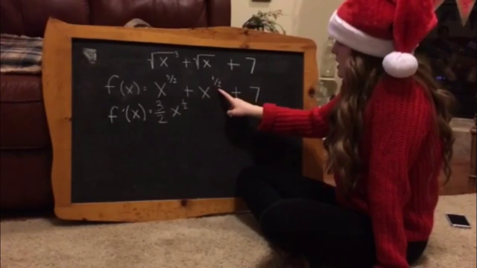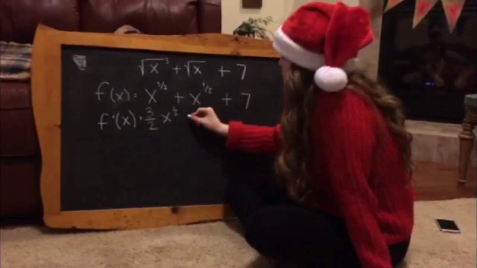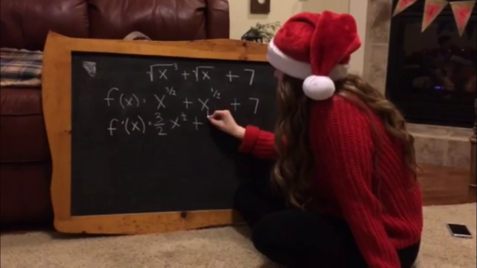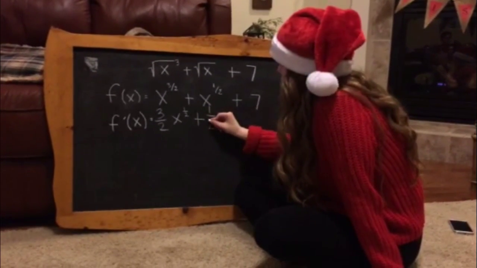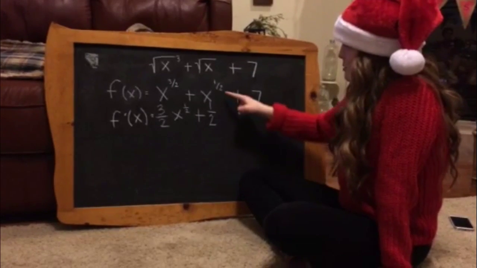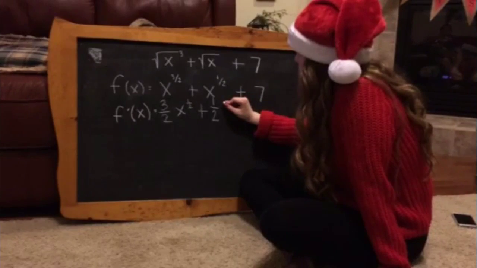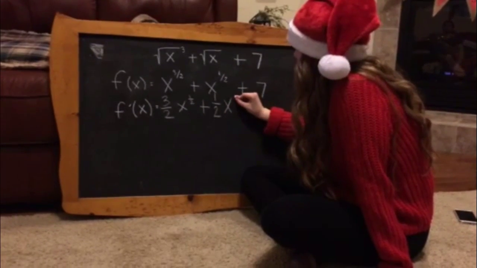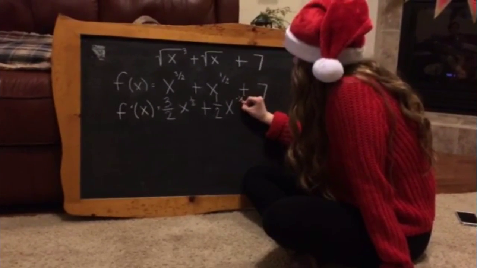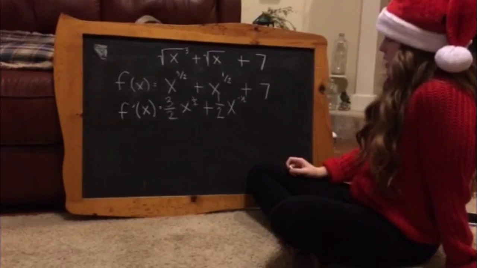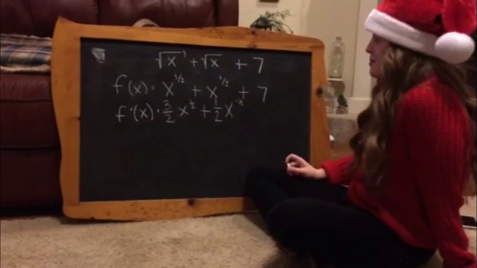And then your second one, you would bring 1 half out front. And you'd subtract 1 from 1 half, which would be negative 1 half. So x to the negative 1 half. And then you would have plus 7, which the derivative of that would be 0.